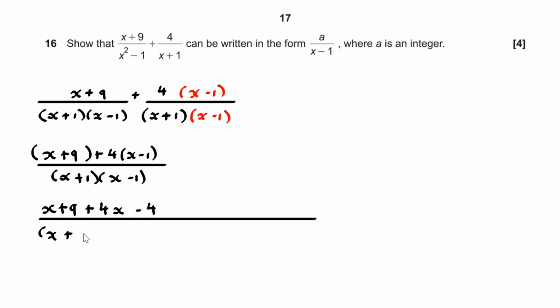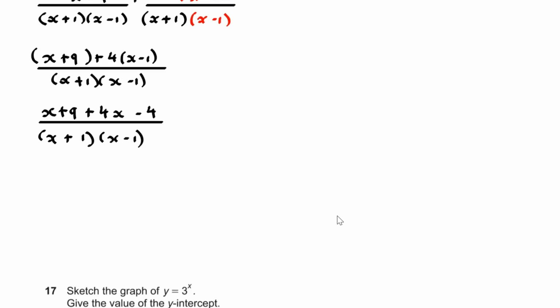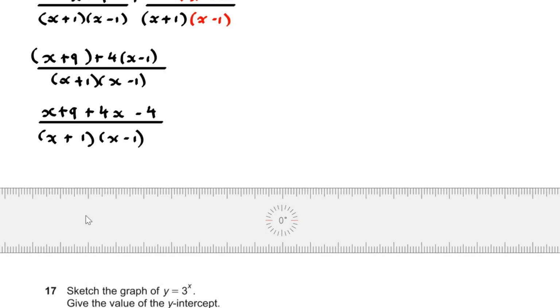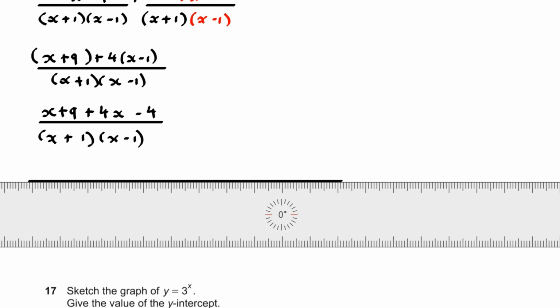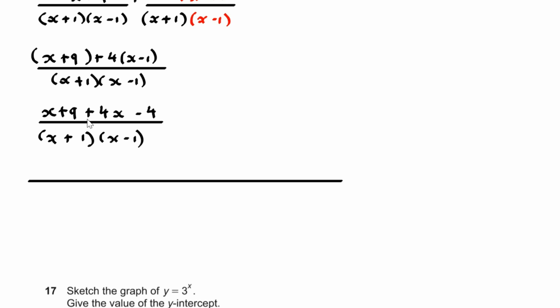So here we've got an x plus 1 lots of an x minus 1. So if we attempt to tidy this up even further, what we'd have on the top is x plus 4x, that's 5x. So we've got 5x plus 5 on the top, and on the bottom we've got x plus 1 lots of x minus 1.